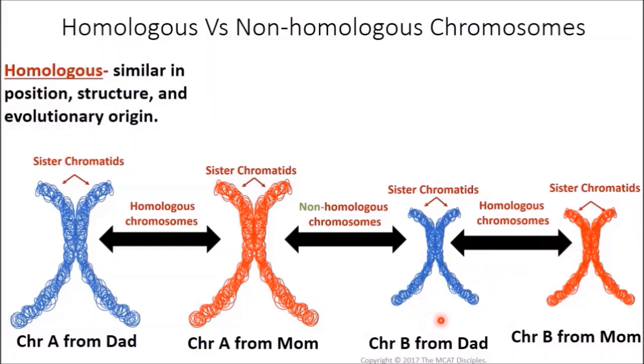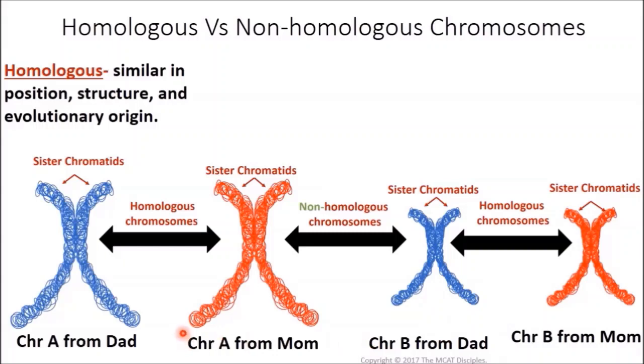Chromosome B from dad, rather, is homologous to chromosome B from mom. Because again, they have gene B, let's say right here, and she has gene B right here. And although they may have a slightly different sequence, maybe 1 or 2 different nucleotides, or 3 or 4 different nucleotides, it's the same gene in the same place, similar position, structure, what have you. And that's the difference between homologous and non-homologous chromosomes.